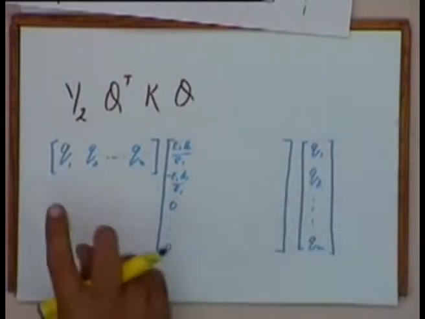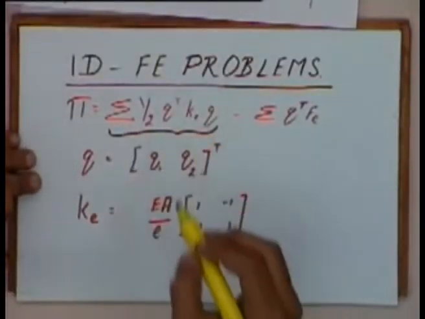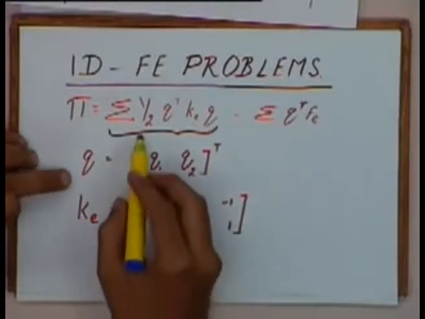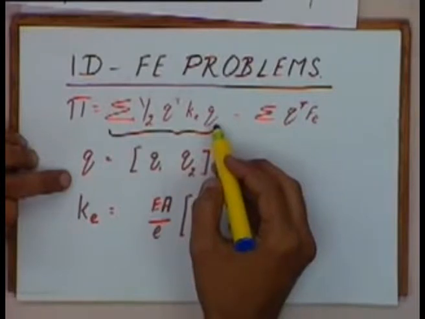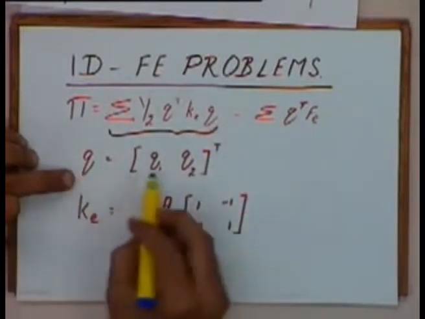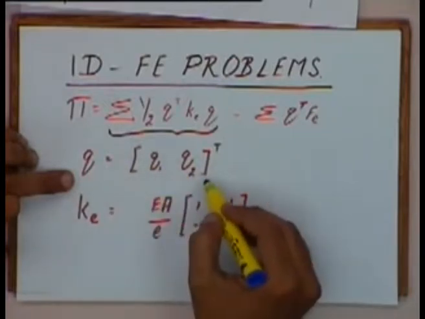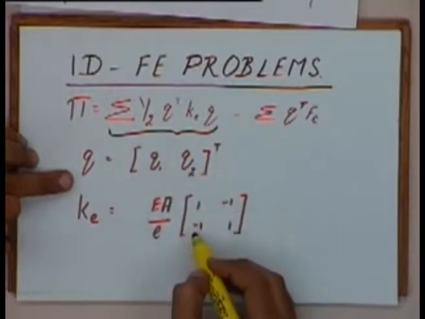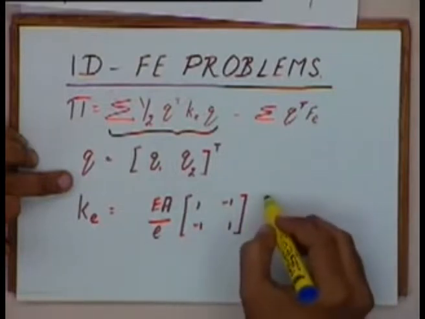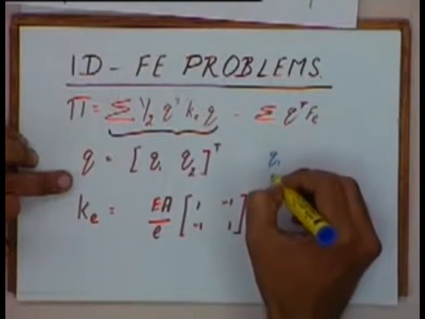If I compare this with the expression that I had, half of Q transpose into KE into Q, that means half of this row vector multiplied by this column vector, I will again get Q1 Q2 multiplied by these two terms, and again that term will be multiplied by Q1.